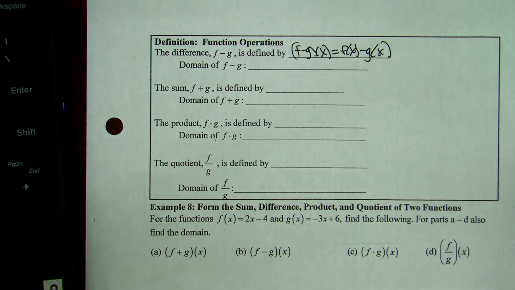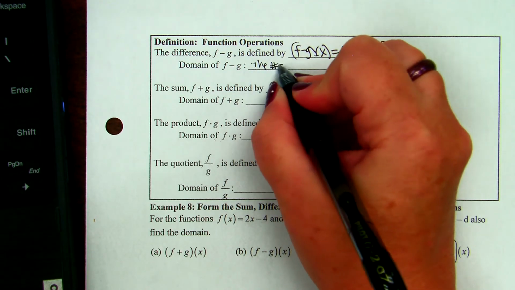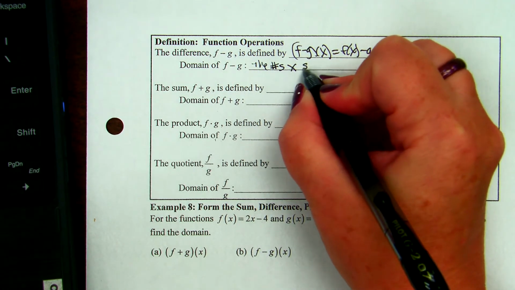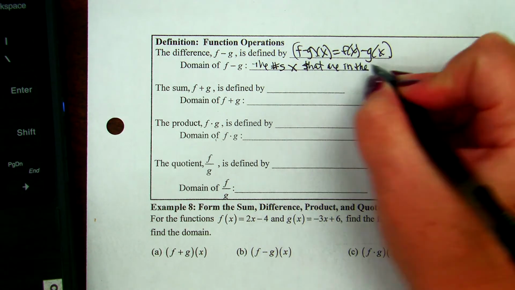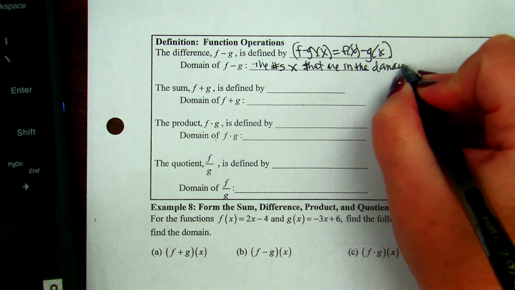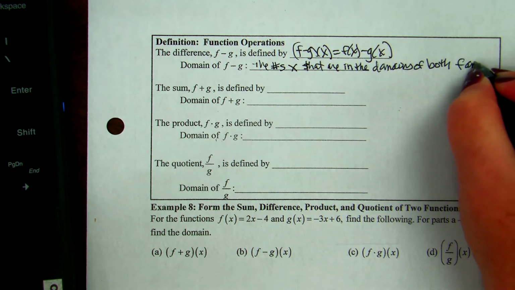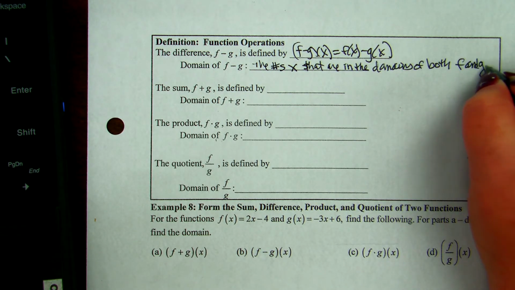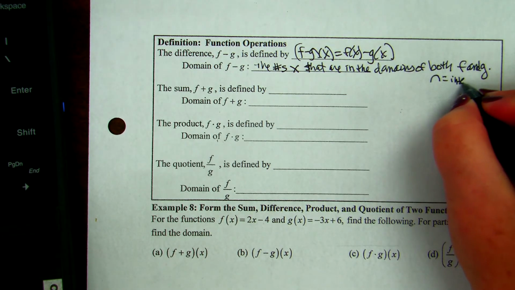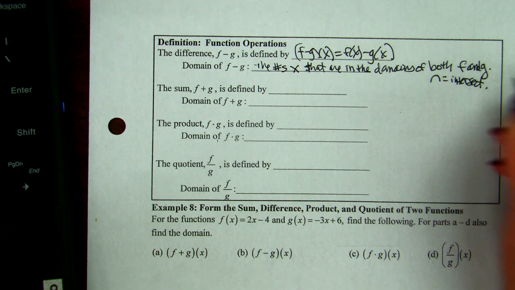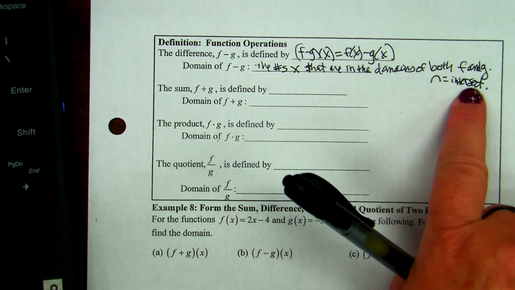The domain of f minus g of x is the numbers x that are in the domains of both f and g. They intersect. It's the domain of f intersect the domain of g.